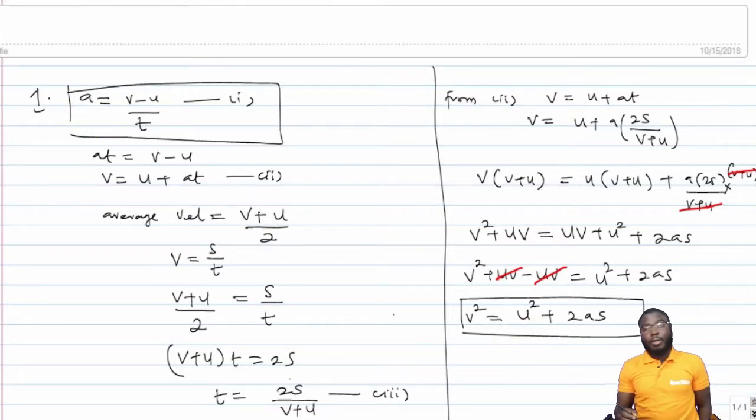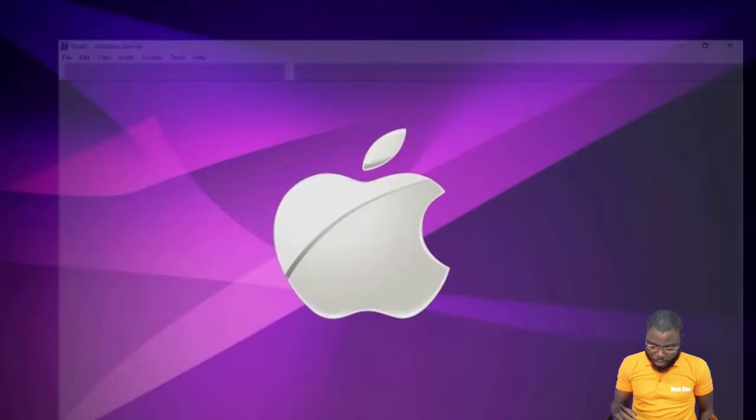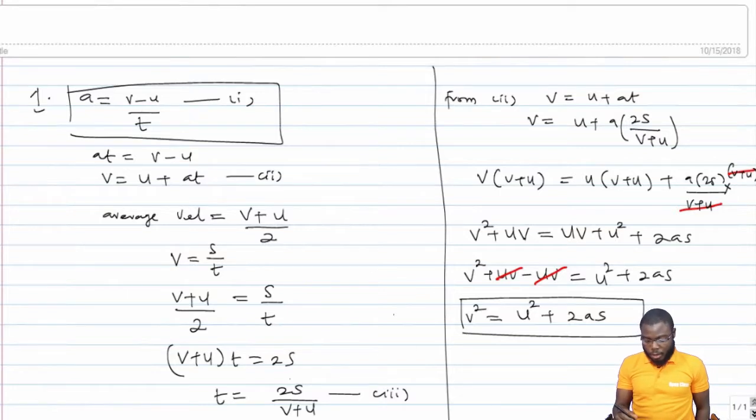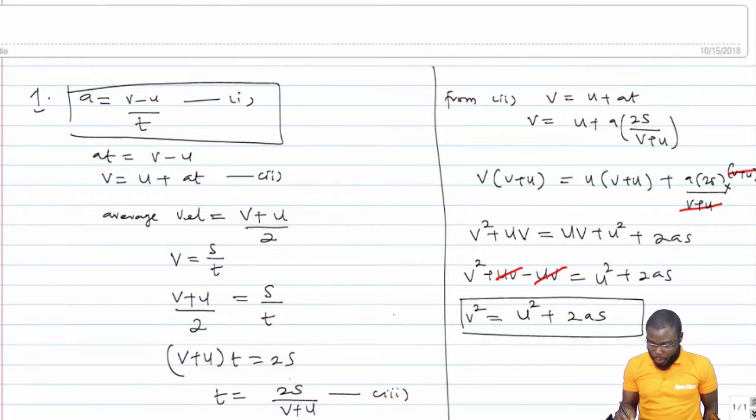This is another standard equation of motion, where the final velocity V is to be determined. You have the initial velocity, you have the distance, time is not given, you have the acceleration, then you can use this equation. So I can call that one equation 4.